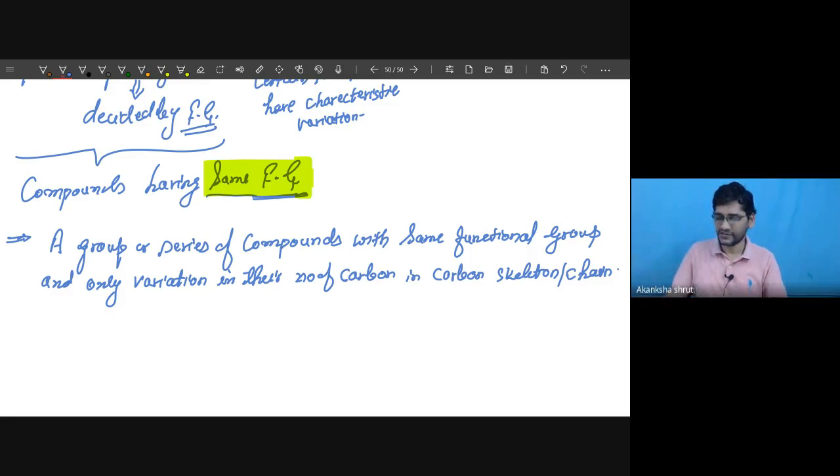Students, read this: this homologous series is obtained by variation in the number of carbons. It is one thing in our definition.